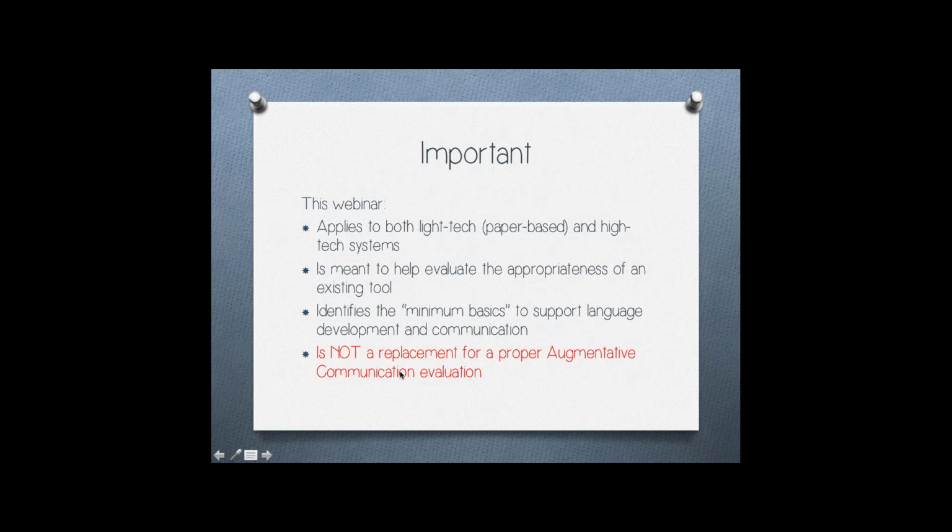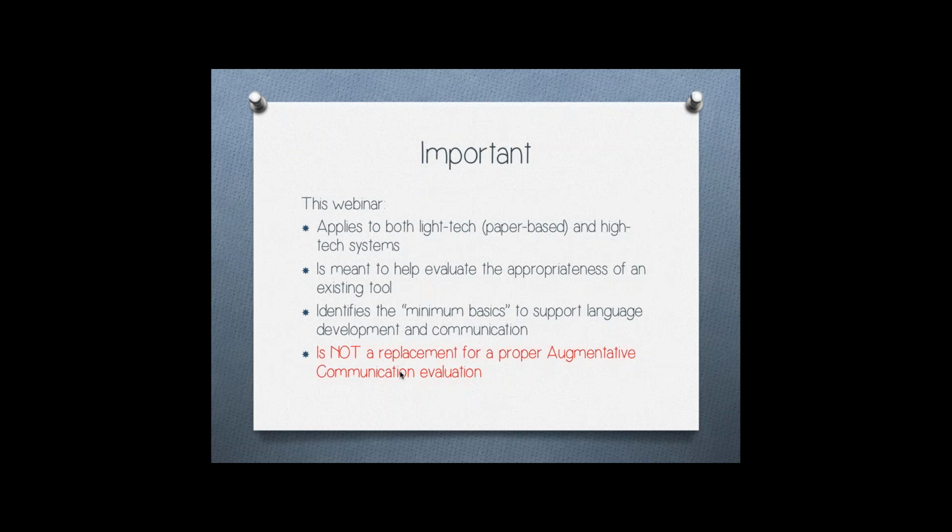A couple of other important notes about the webinar today. First, as I mentioned, this content applies to both light tech, which is paper-based books, and high-tech systems. The reason I chose to focus on the app portion so much is because there has been such a proliferation of communication apps available, and so many more of my students are using them, that what I have found is, because they're so readily available, many of the students are not going through a formal evaluation process to obtain the apps that they have.